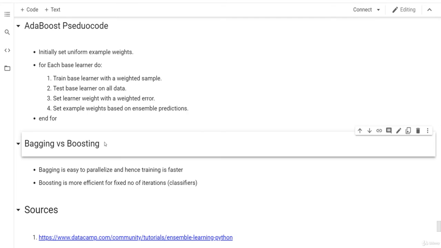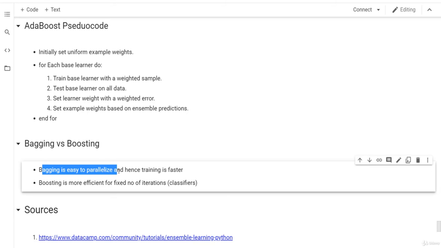Now, if we want to have a comparison between bagging and boosting, we can just say that bagging is easy to parallelize and hence the training is faster. So training bagging is much faster than boosting, but at the same time boosting is more efficient for a fixed number of iterations or classifiers.